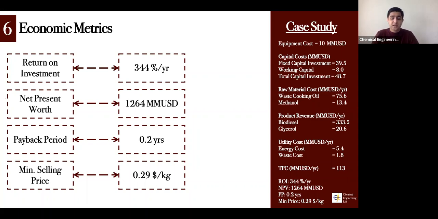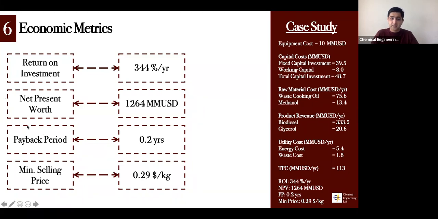And that's going to be $1,264 million after 20 years, accounting for the time value of money, which again in itself is a great investment. That means that in 20 years' time, the project is not going to depreciate or go down in value, but instead we're going to be worth a lot more than what we started off with.